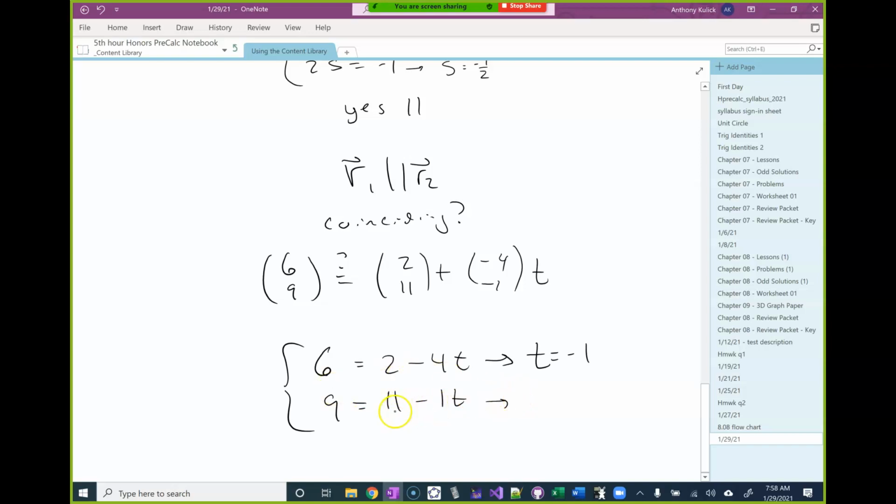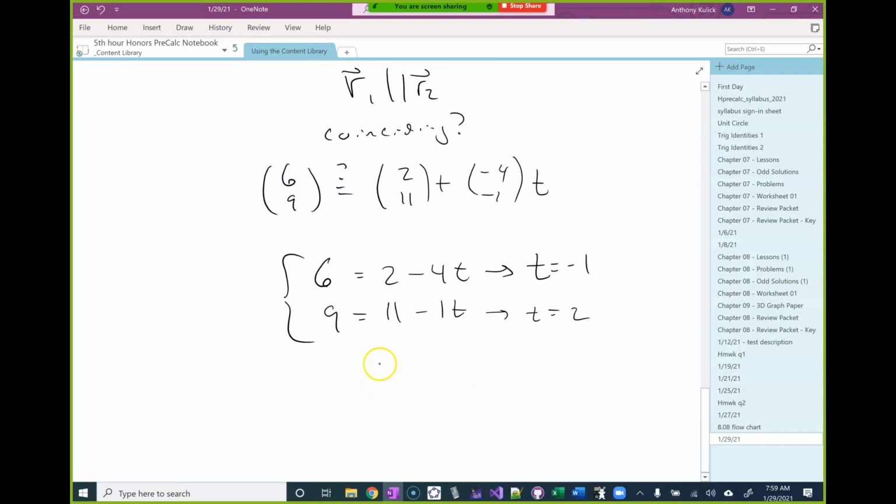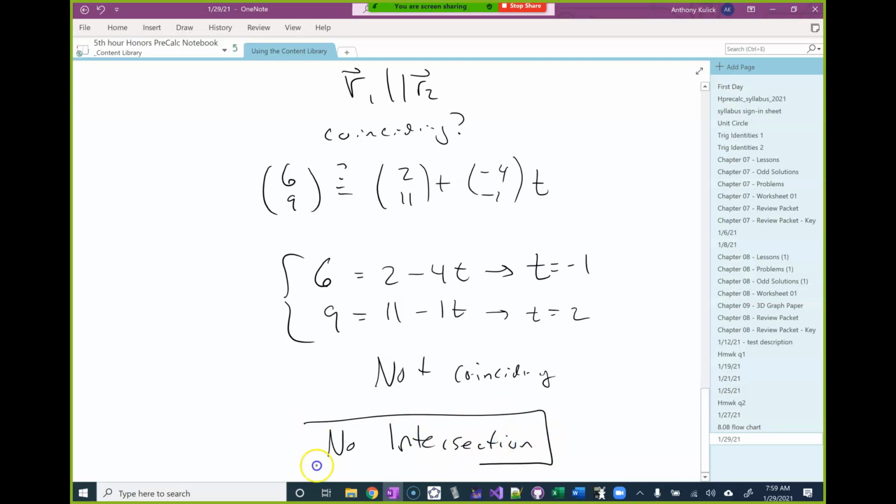Yeah. And I subtract that. So this one I get t is equal to 2. So they're not coinciding. So there must be no intersection. Let's double check that. This was 76. Yep, there is no intersection.